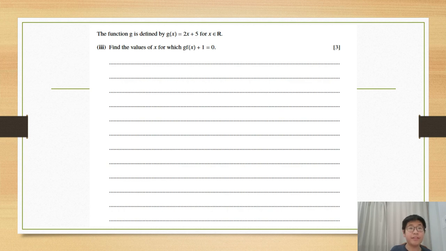So part 3, find the values of x for which g of x equals 0. So 2 f of x is minus 2(x minus 3) squared plus 15 plus 5 plus 1 equals 0. So we just substitute f of x. f of x is like g of x. Got that?